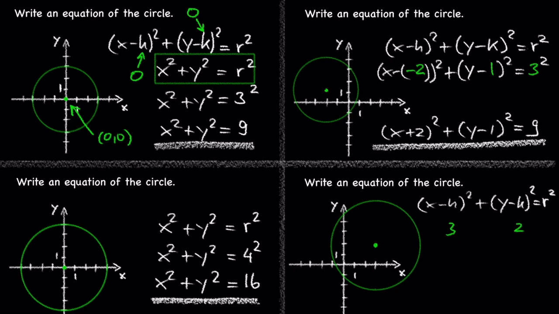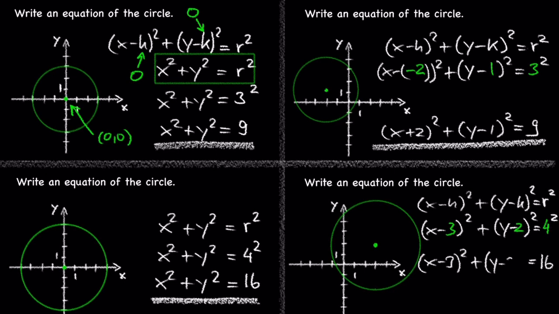And the radius is 1, 2, 3, 4. So we get (x minus 3) squared plus (y minus 2) squared equals 4 squared. 4 squared is 16. So we get (x minus 3) squared plus (y minus 2) squared equals 16. And we're done with this problem.